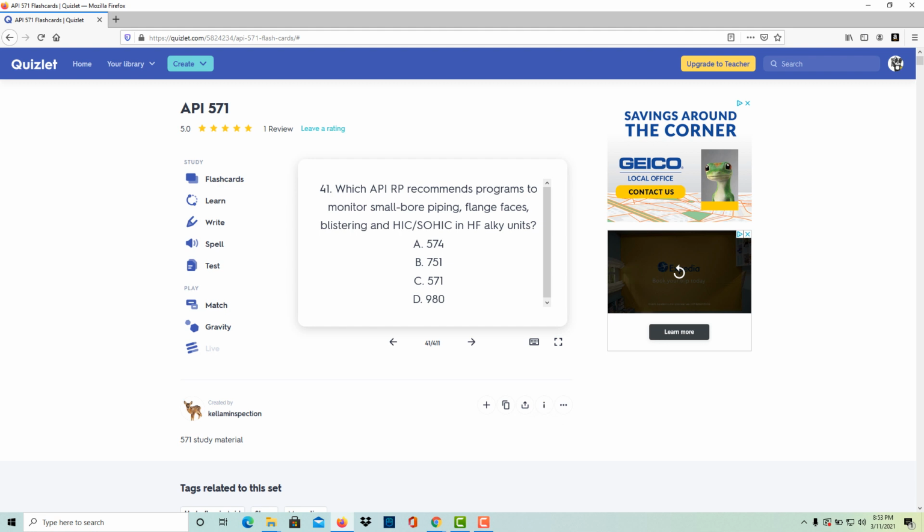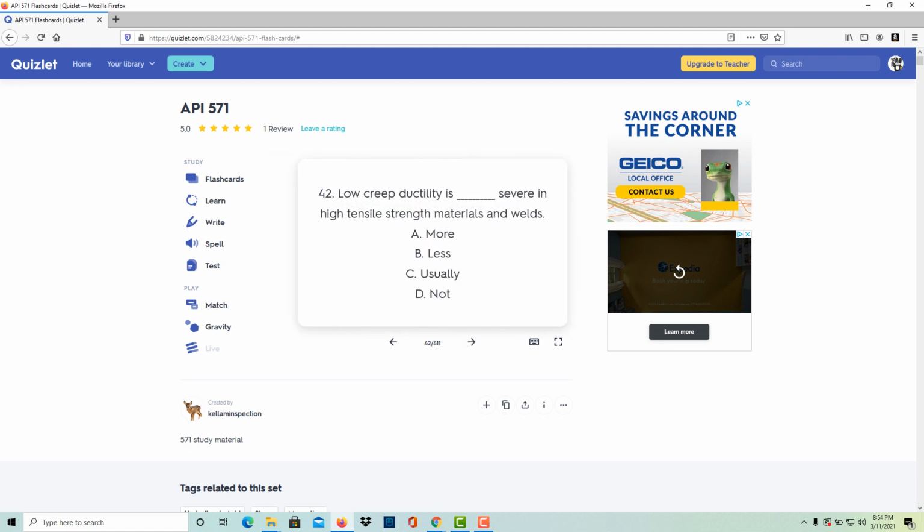Which API RP recommends programs to monitor small bore piping, flange faces, blistering, HIC, SOHIC, and HF alkylation units? That's 751, I believe. Low creep ductility is more severe in high tensile strength materials and welds.